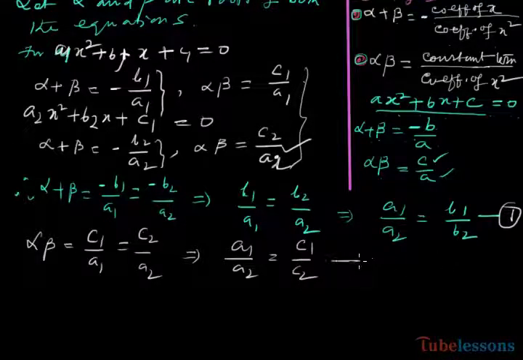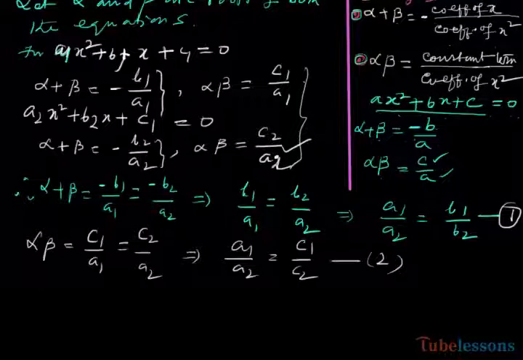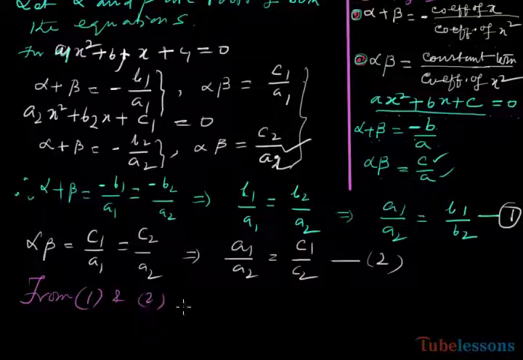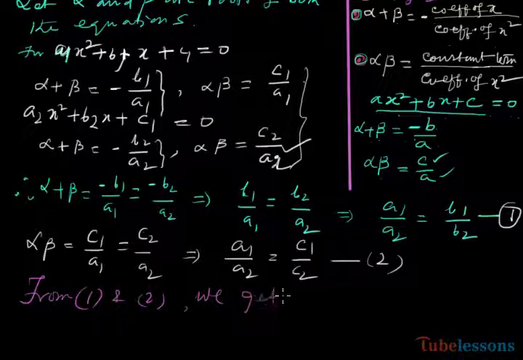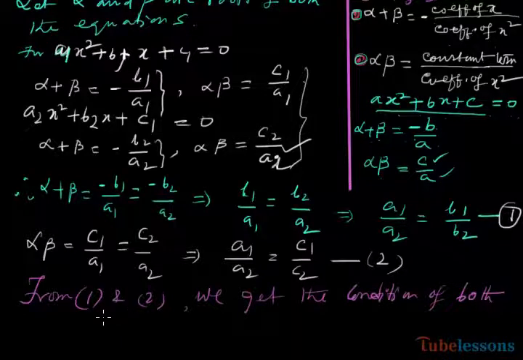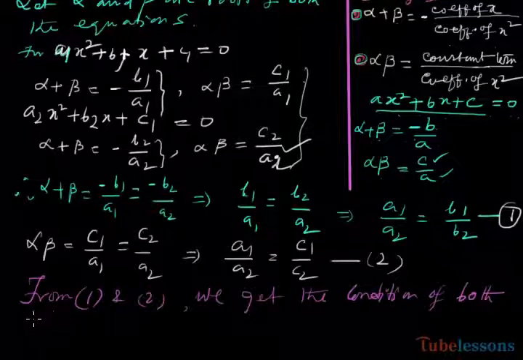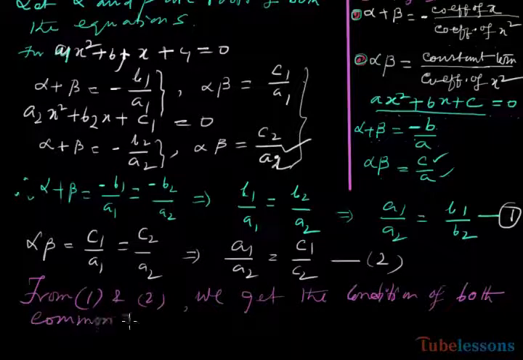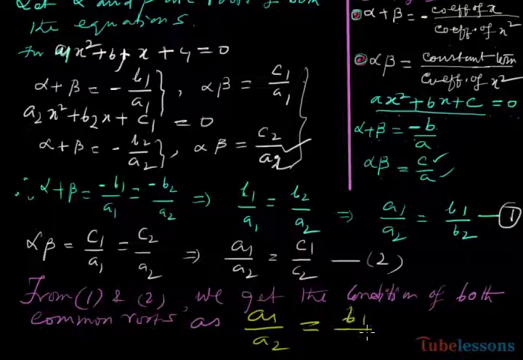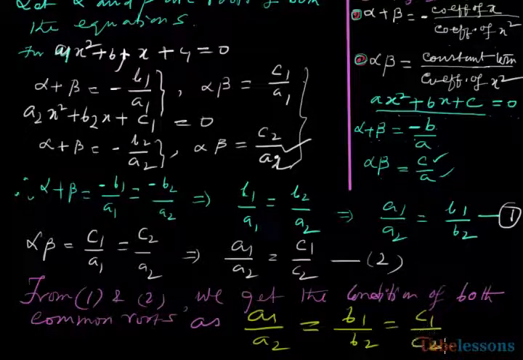We mark this as 2. So from 1 and 2, we get the condition for both roots common as a1 by a2 equals b1 by b2 equals c1 by c2.